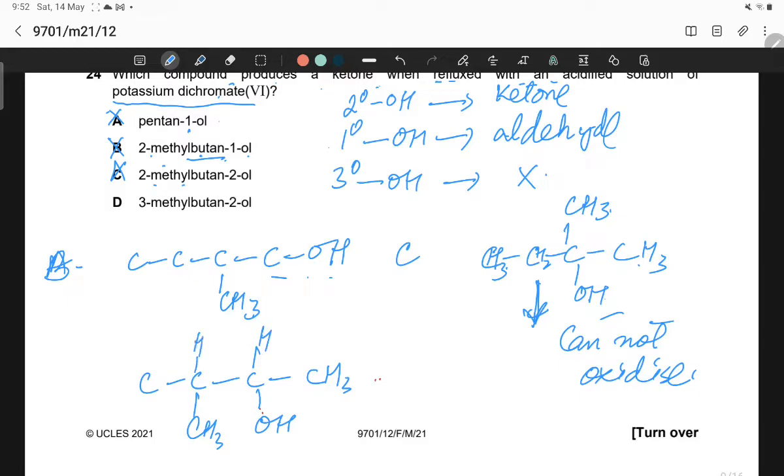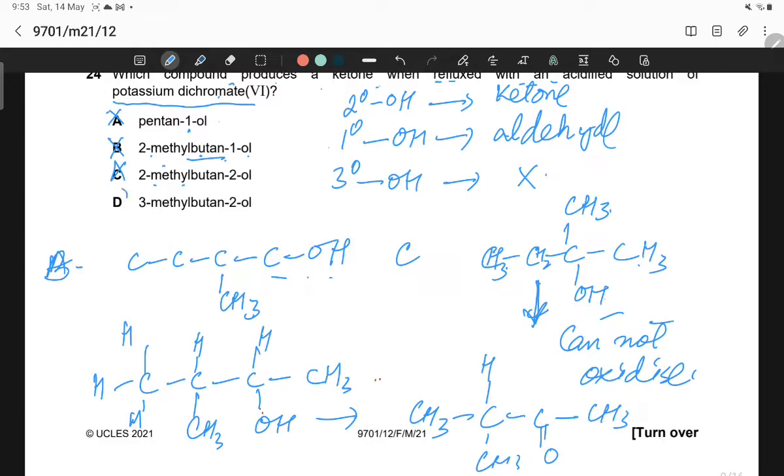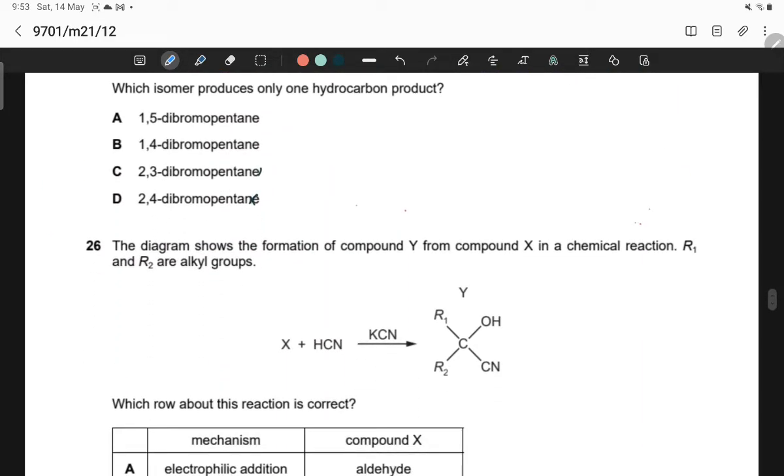H. Because this is secondary alcohol, it is converted into ketone, CH3. So D is the correct option.